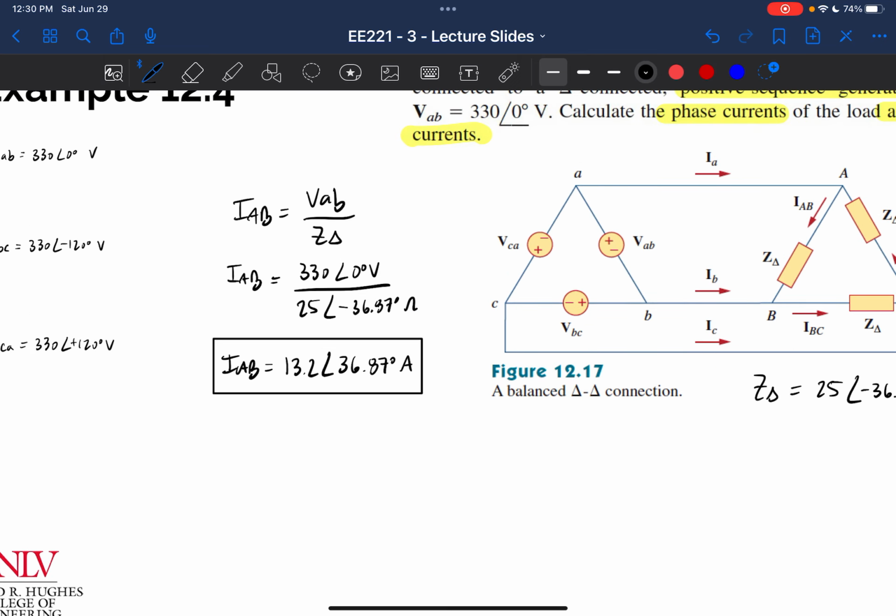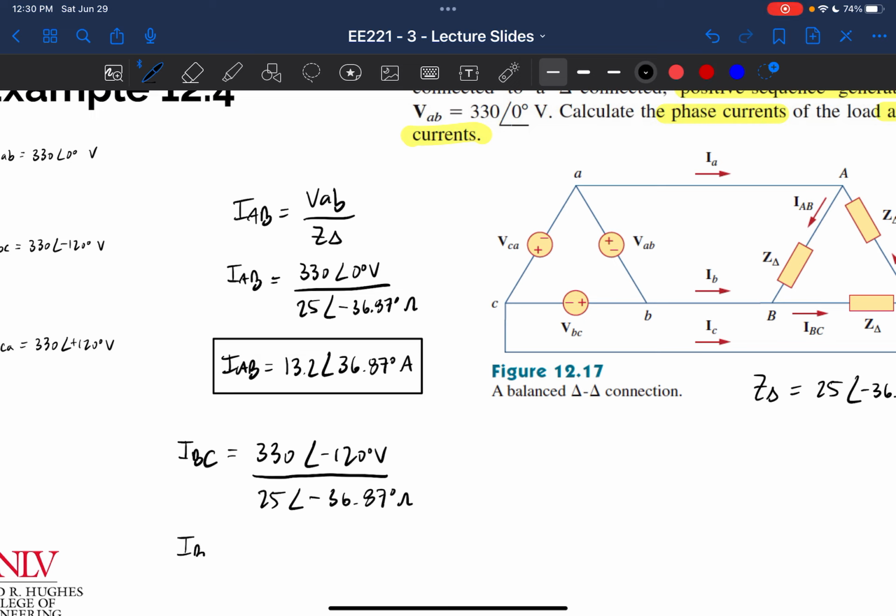We found IAB. We should be able to find that IBC is just going to be 330 volts angle minus 120 degrees, divided by my impedance, which of course is going to give us the same amplitude.